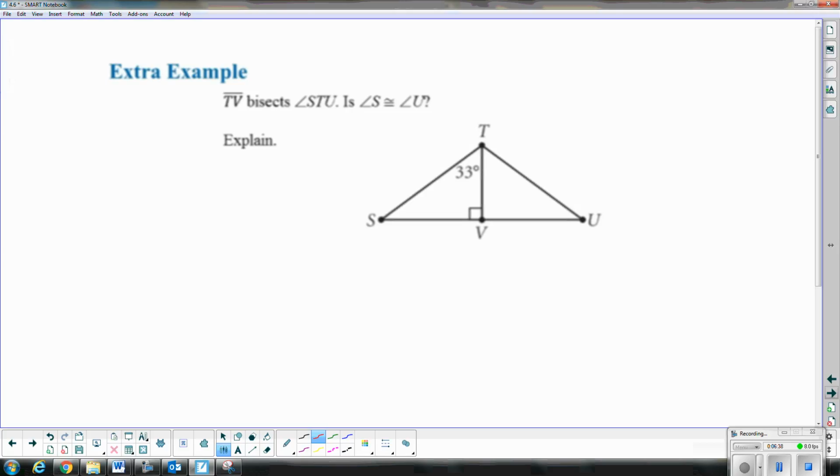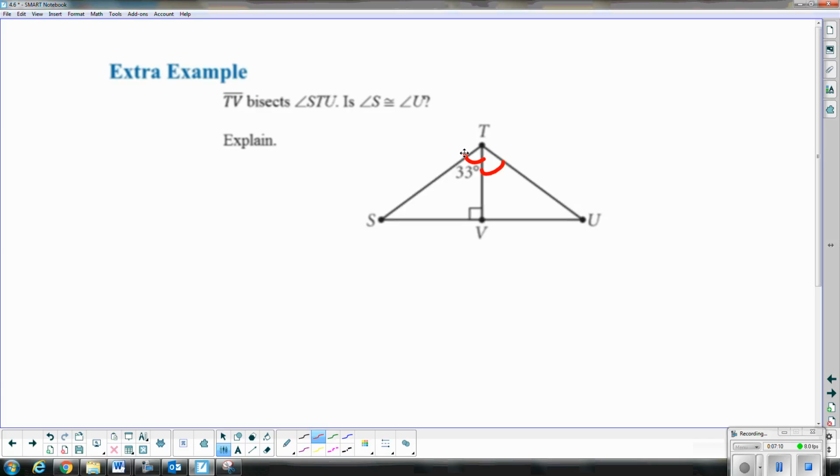All right, let's look at this last example that's on your note sheet. It says TV bisects angle STU. Is S congruent to U? Well, what does it mean for a segment to bisect an angle? It means that it's going to cut the angle into two equal pieces. So that means angle STV is congruent to angle UTV. All right, that's our first step.